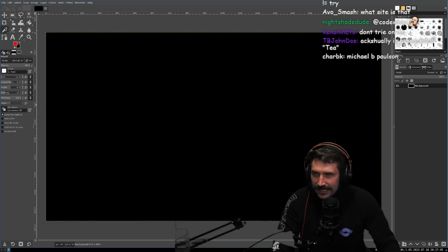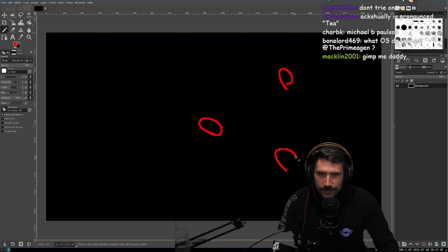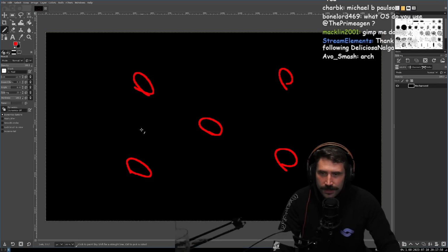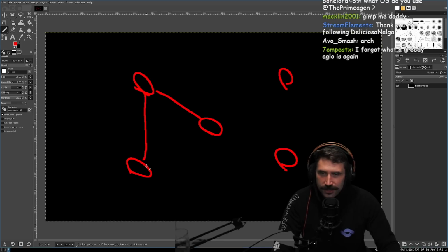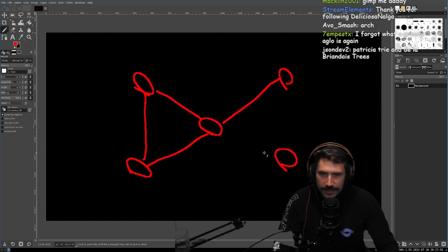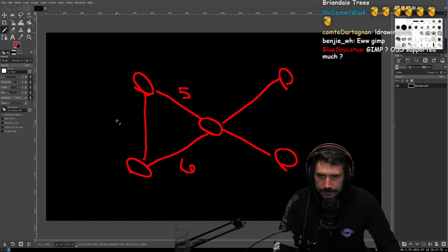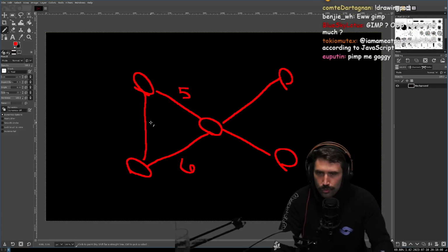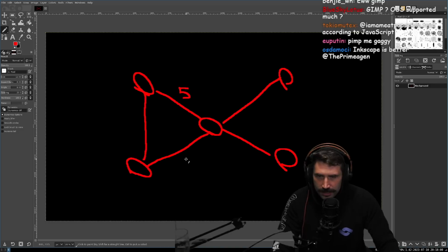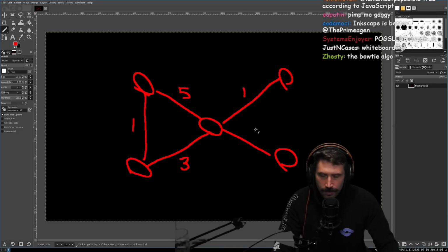So my guess is, before even looking at it, it's going to be something like this. Let's draw some nodes, and let's go 3, 1, 1, 2.